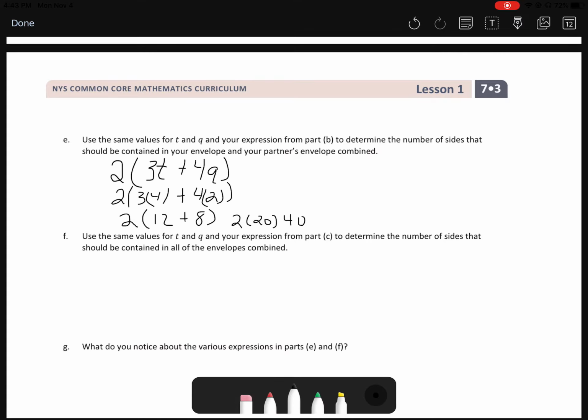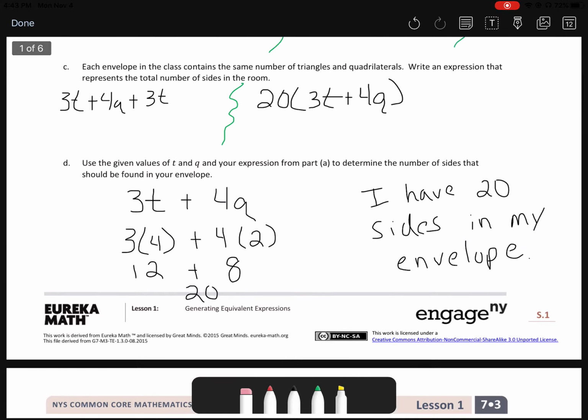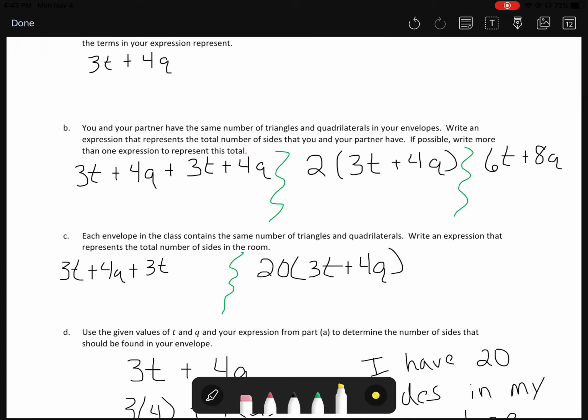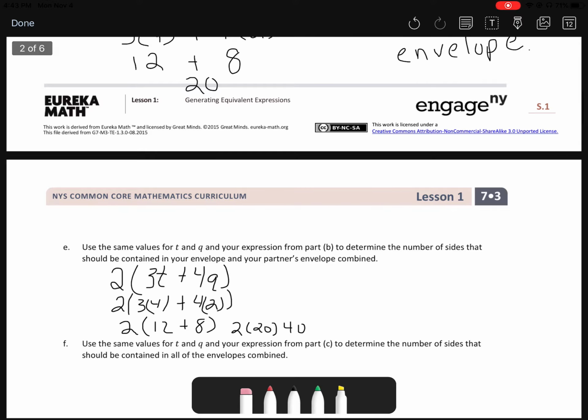Let me do it one more time with this expression. I'm going to try it with that one just to see if it comes up with 40 again. 6t plus 8q.